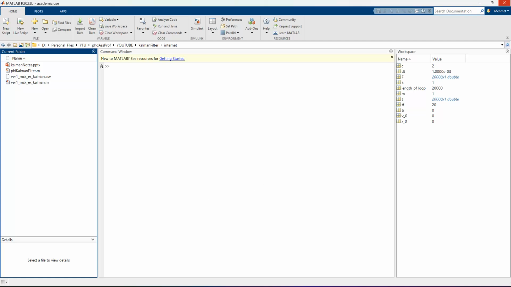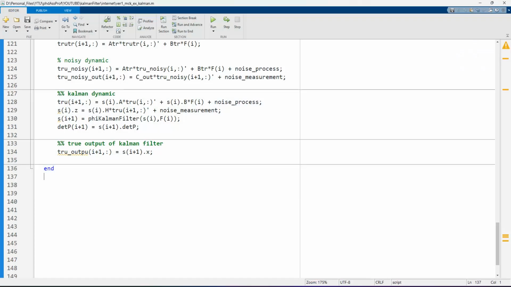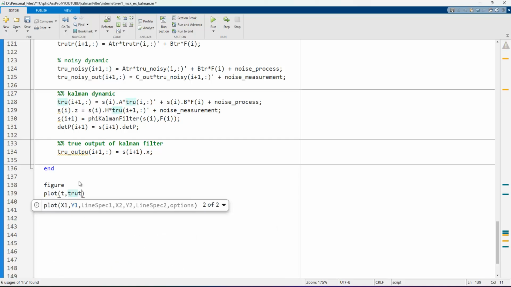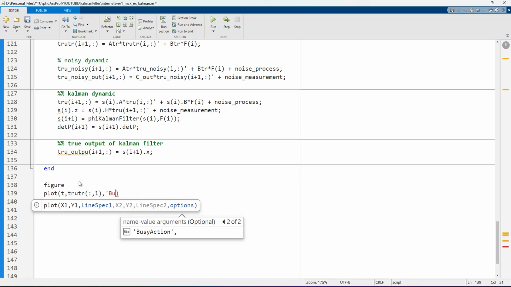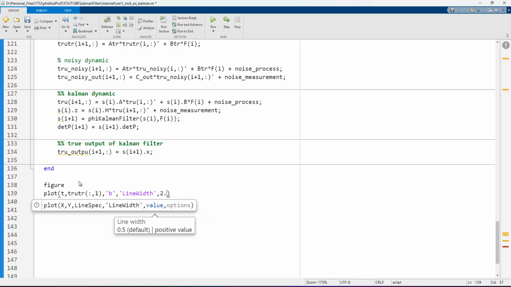Okay, so after that we need to plot the values in here, just like this one. The figure, the plot of T through RT1 and a blue line with line width 2.0.